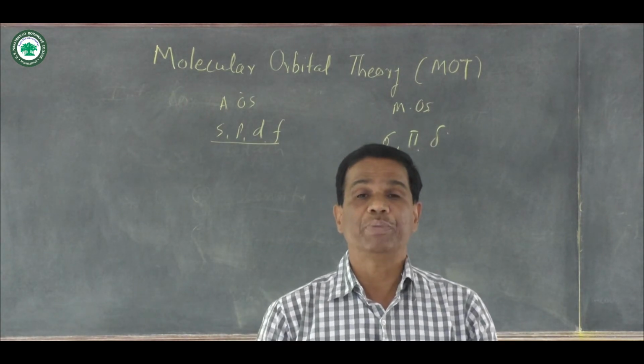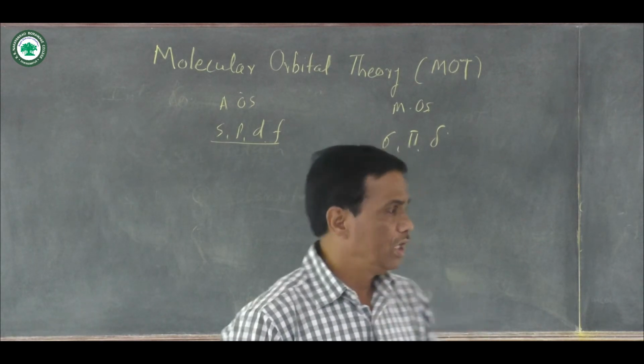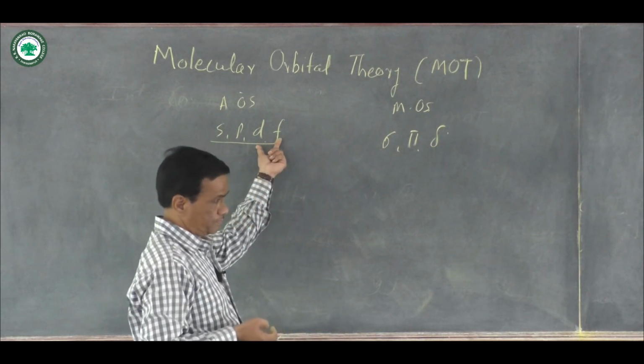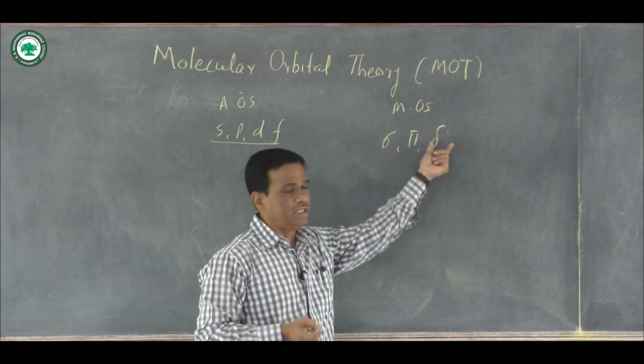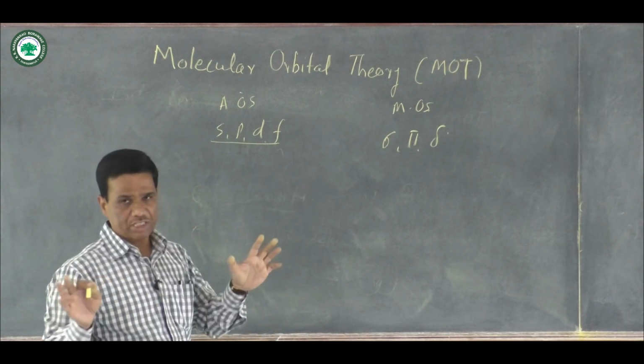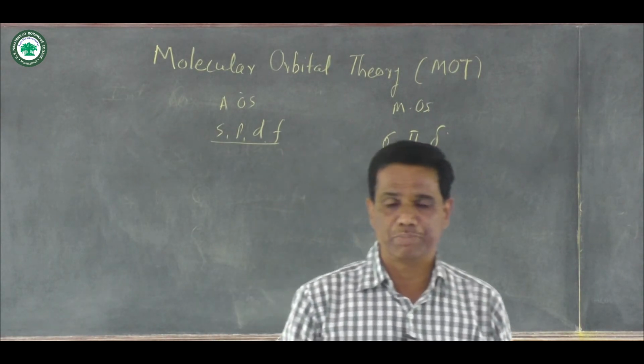Then what are the comparison points between atomic orbitals and molecular orbitals? Here s, p, d, f are the atomic orbitals. Then sigma, pi, delta are the molecular orbitals. They have fixed shape. S orbital is spherical, all over positive. P orbitals are dumbbell shape.